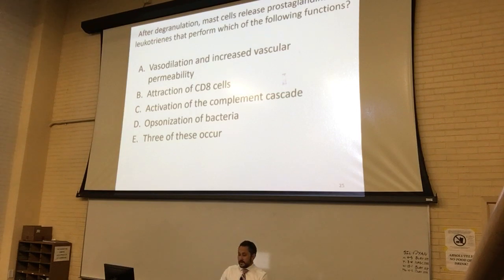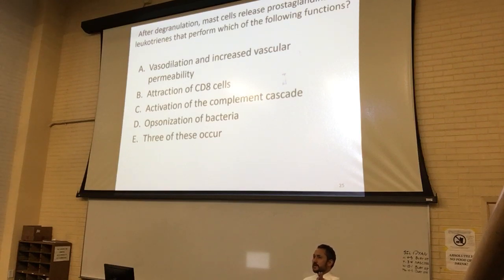They have chemotactic effects, but what cells do they attract? What part of the lectures were we in when we talked about leukotrienes and prostaglandins? Inflammation. And so what's the first cell that you need to attract? They attract neutrophils.